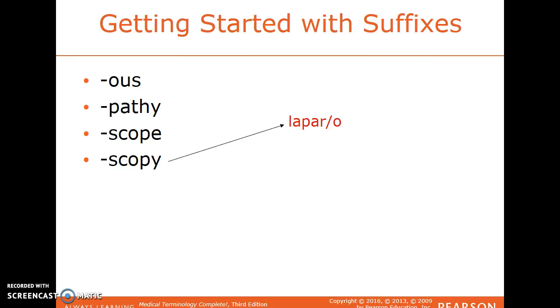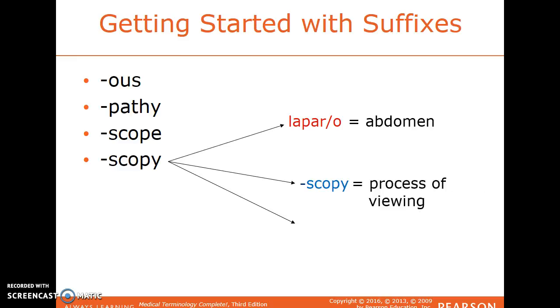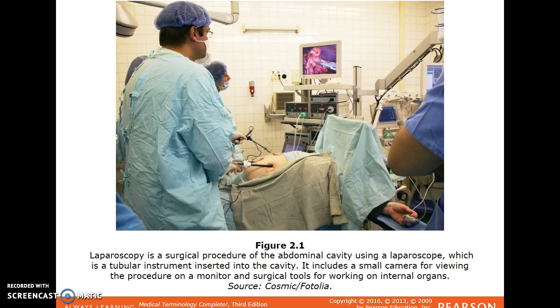So if you add laparo to scopy, laparo means abdomen, scopy means the process of viewing, laparoscopy is the process of viewing the abdomen and specifically the inside of the abdomen.